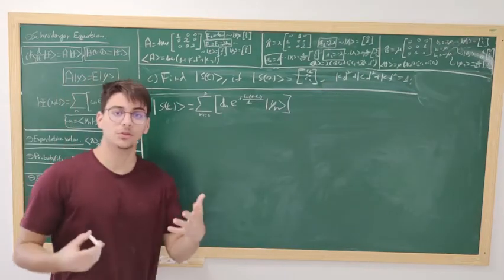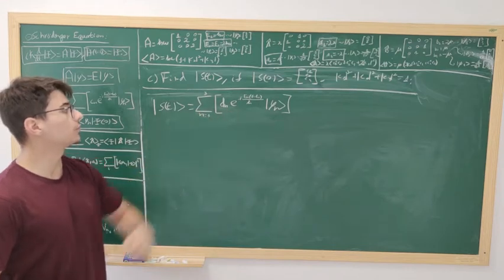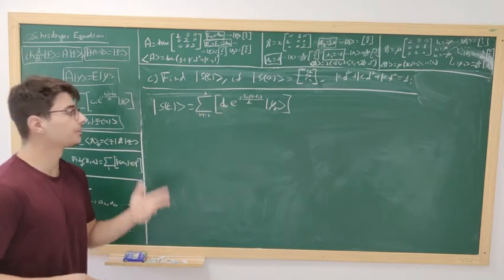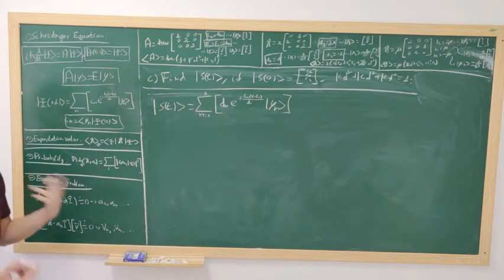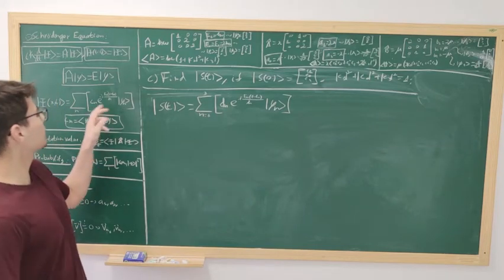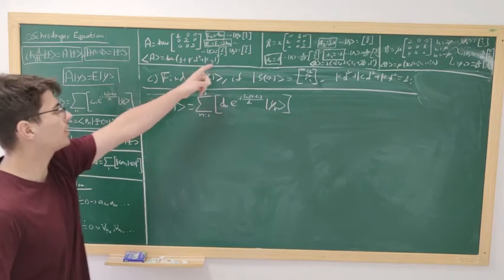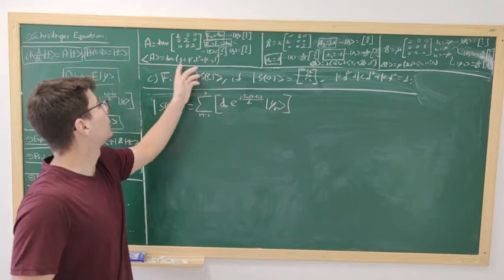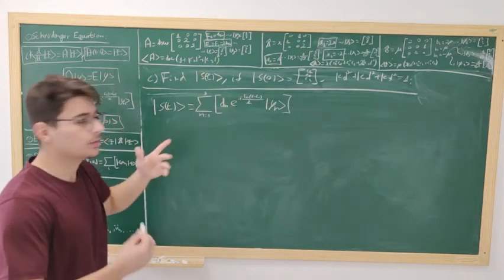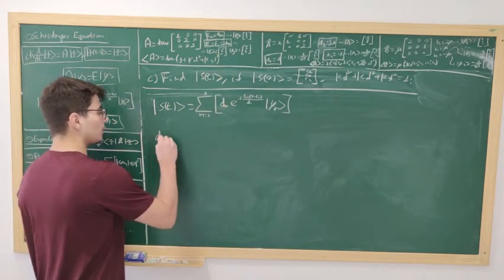So, to find the time evolution, we said we have to use this equation, right? Which is just the solution to the Schrödinger equation. Notice that instead of C, I wrote D because we also have used the letter C for these components, and well, we might get mixed up. So, what is D1?